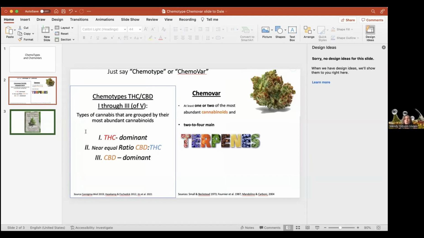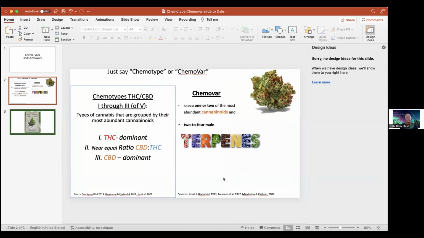Type 2 is more balanced, almost equal ratios of CBD and THC. And the third type is CBD dominant. And when we're talking about the chemotypes, we're looking at mostly the CBD to THC ratio and not the other way around. Does that make sense?